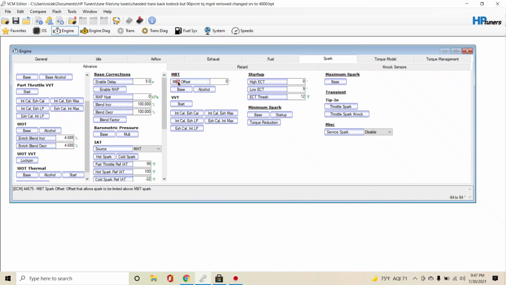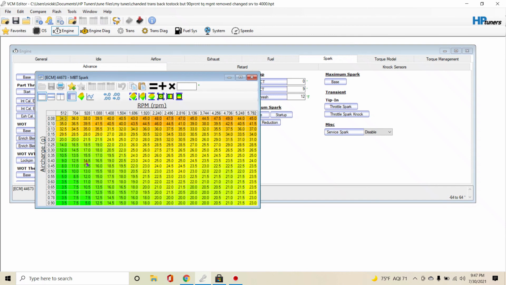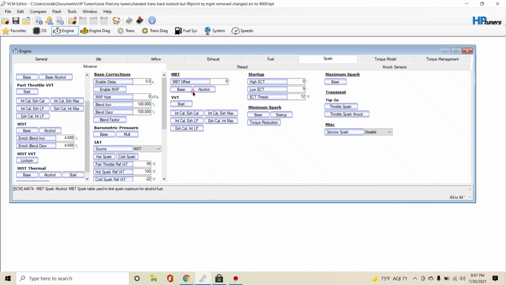And then you got your MBT, which is the max spark that can be used. So you don't really mess with this other than if you're cammed on these trucks. And then you got your minimum.